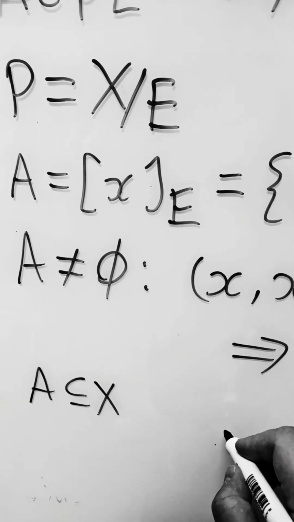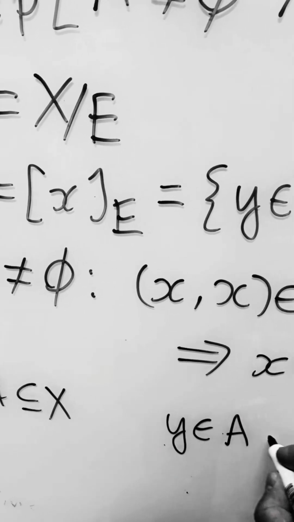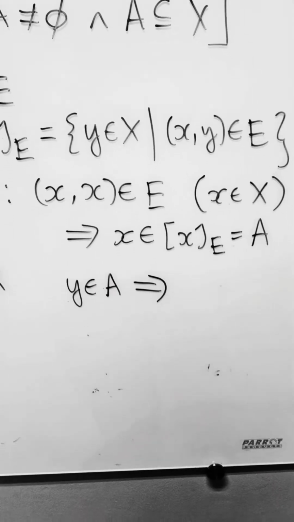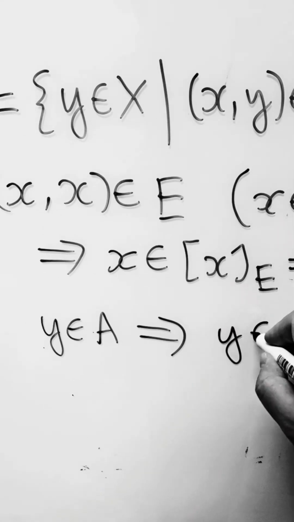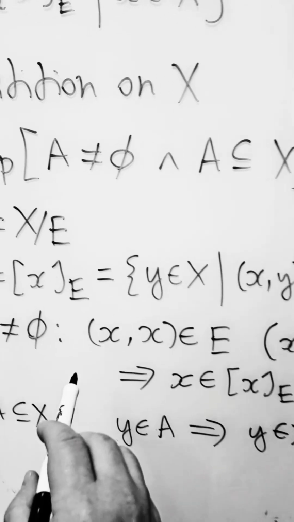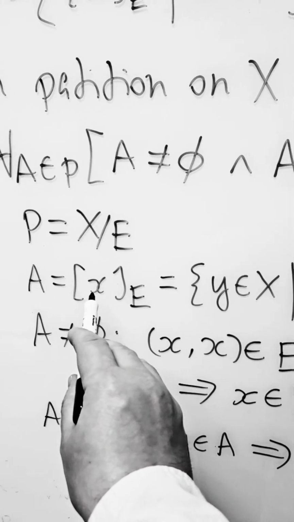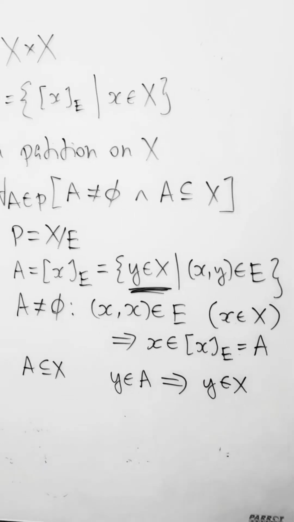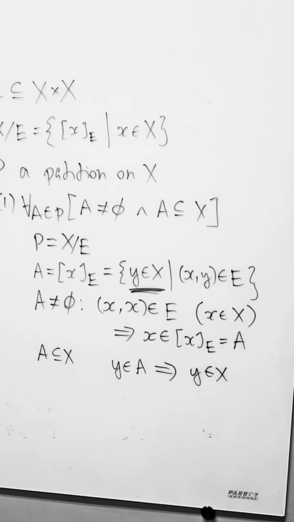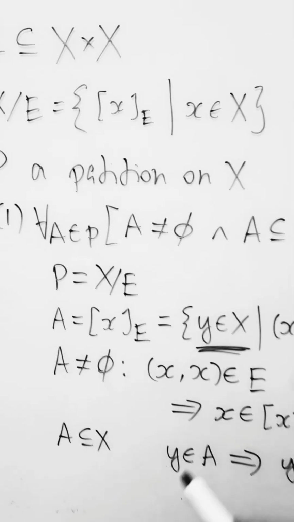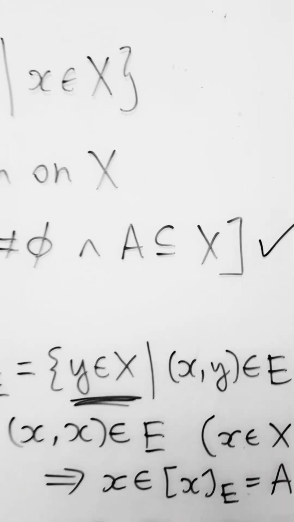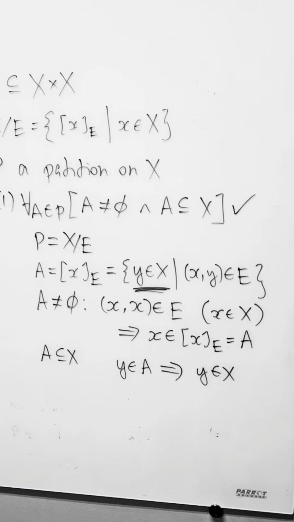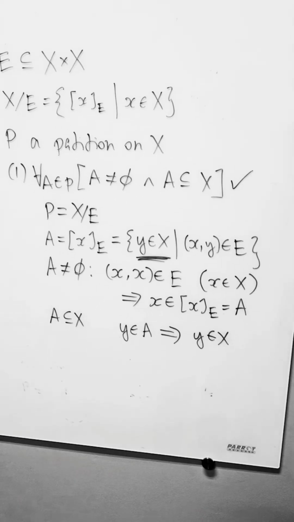So if I pick any element y in A, then such an element will indeed be an element of X just by the definition of A as the equivalence class of x, from this part of the definition, to be specific. So we've now confirmed that the first property that describes a partition does hold in this case.